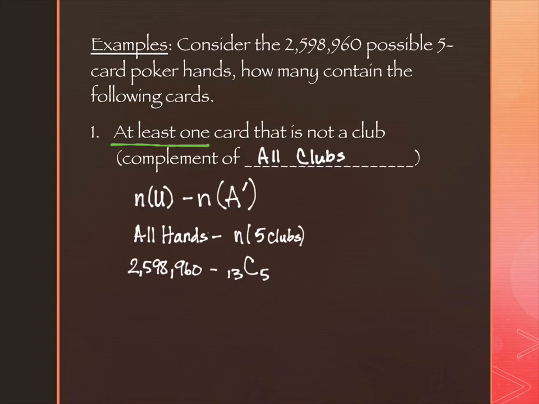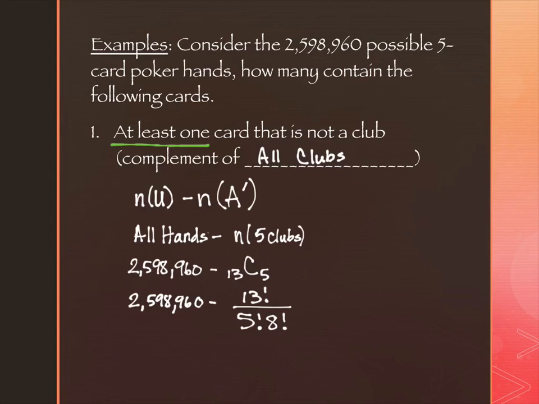We did this problem last time, but we'll do it as a reminder since it's been a couple days. We have 13 factorial on top, the 5 factorial on bottom, and then 13 minus 5, which is 8 factorial on bottom. So it's the number of cards that we pick factorial, and the number of cards we don't pick factorial, for combinations.